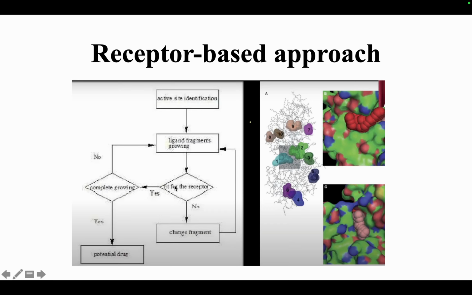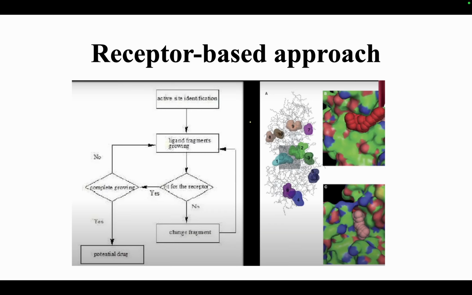If it is not fitting, we can change the fragment and start again. But if it fits completely, then it could be a potential drug, a potential inhibitor which will go and fit into the active site.